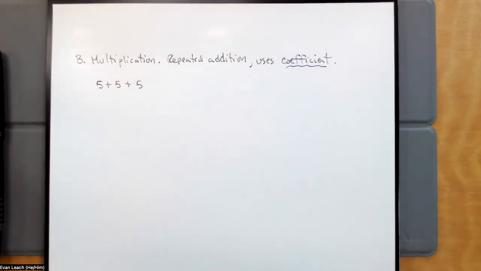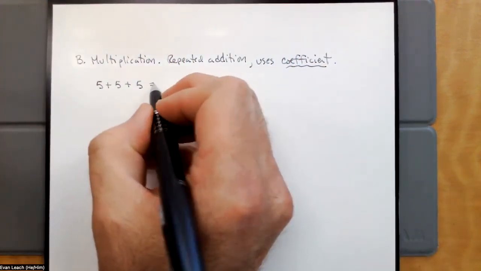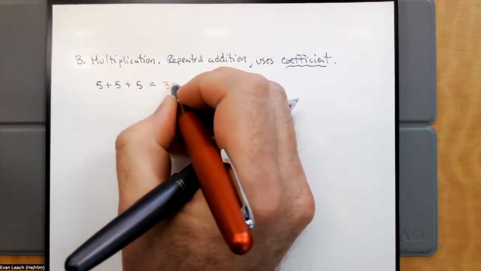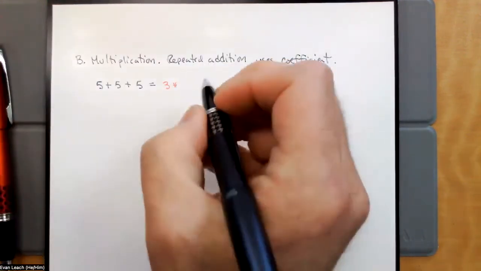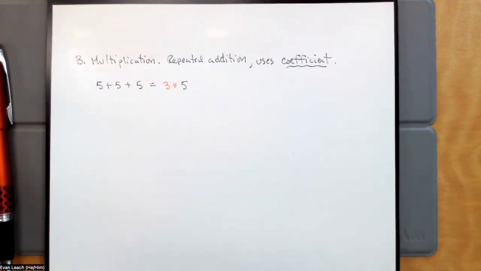So if I have 3 5s added together, they're all the same. We get to summarize this with multiplication. 5 plus 5 plus 5 is 3 times 5. We multiply by the 3.